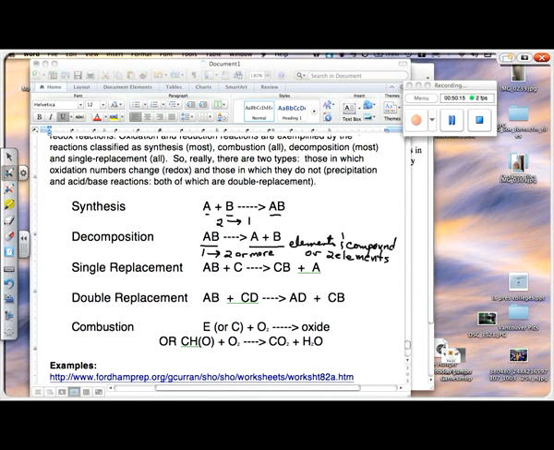Okay? Single replacement. I always say it's like you go alone to the dance, and you get to go home with somebody else's date. And the person who was with that person has to go home alone. So this one is always compound plus element.